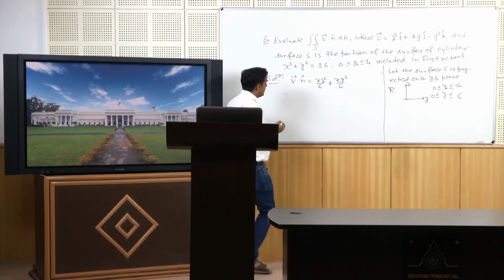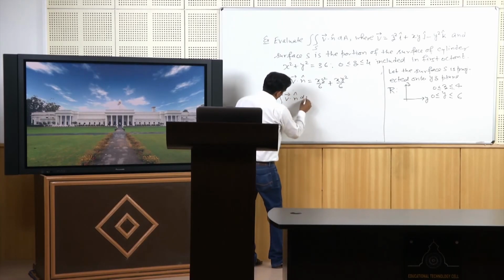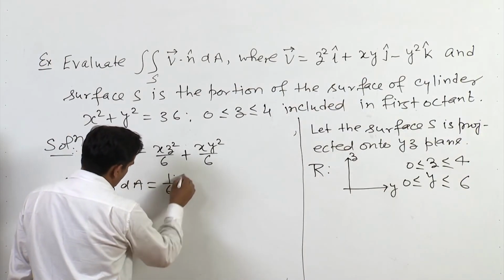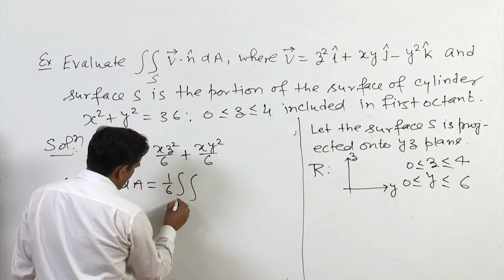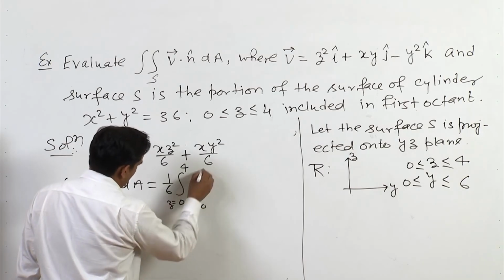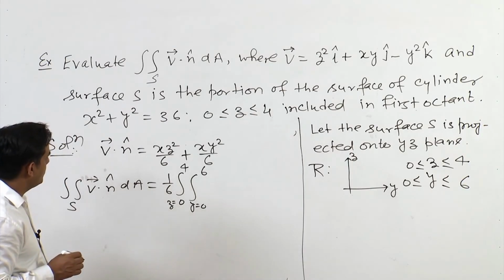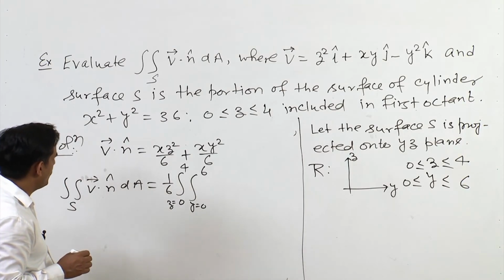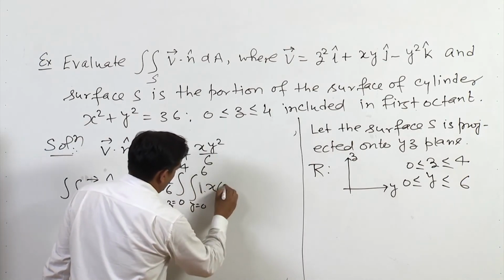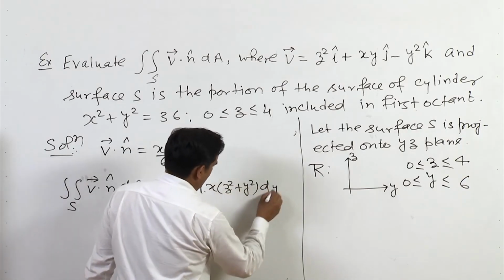So now the integral of V dot n dA over the surface will be 1/6, over the region R, z from 0 to 4, y from 0 to 6, of x(z² + y²) dy dz, where I have taken the 1/6 out.